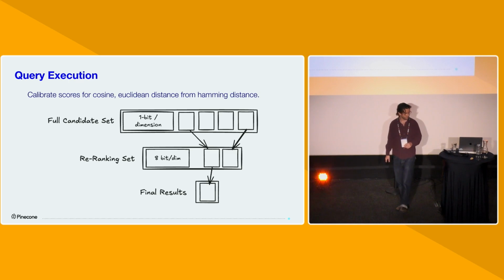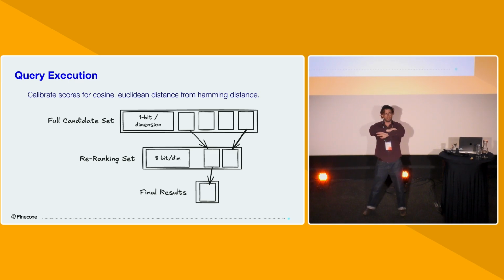So at query execution, as I mentioned, first we start with the full candidate set, and so this is where we scan the entire 100 million points or whatever is stored in the database. But as I said before, this is an approximation, and so it's not going to necessarily get us the correct results. So we do a cascading retrieval where we filter it down to a smaller candidate set.